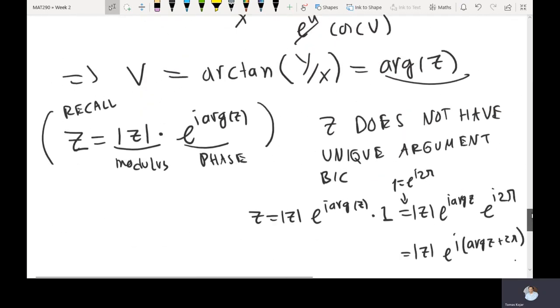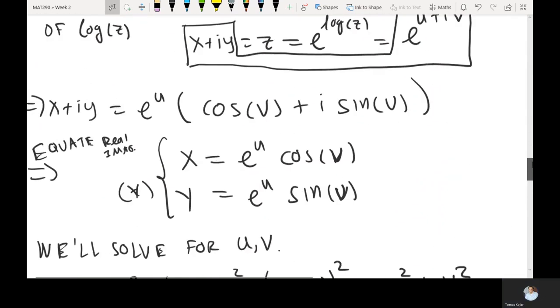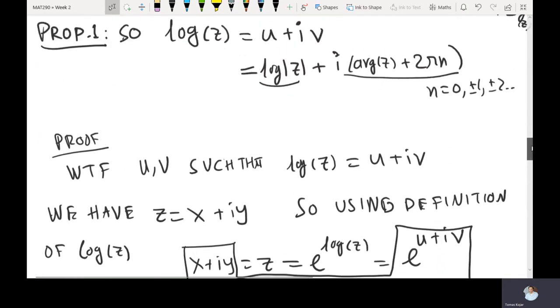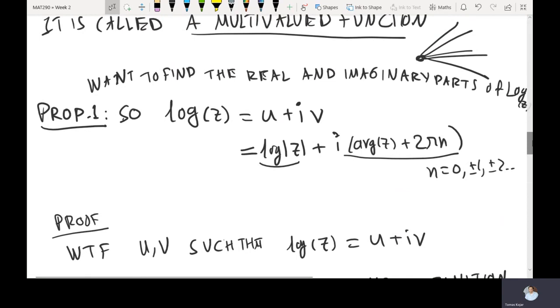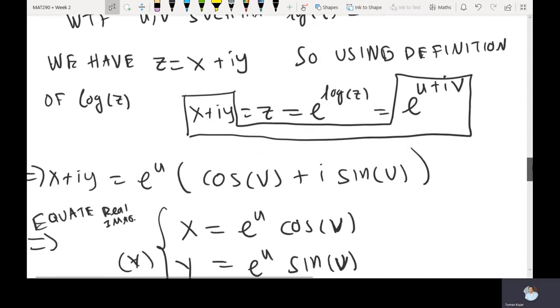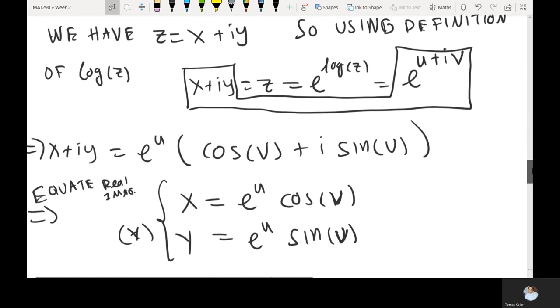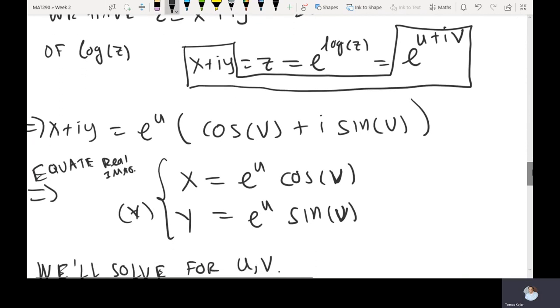Let me give a short summary of the proof. So we want to find the real and imaginary parts of log. And we start with obtaining a system and solving for u and v.